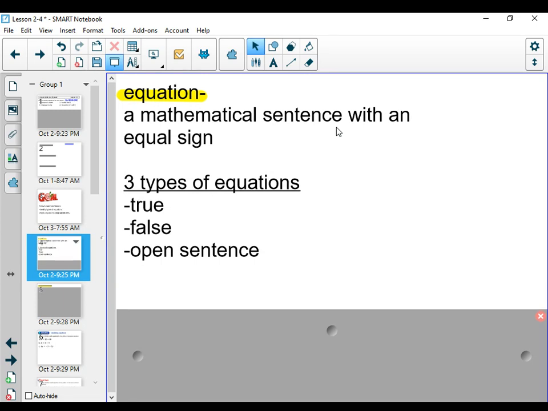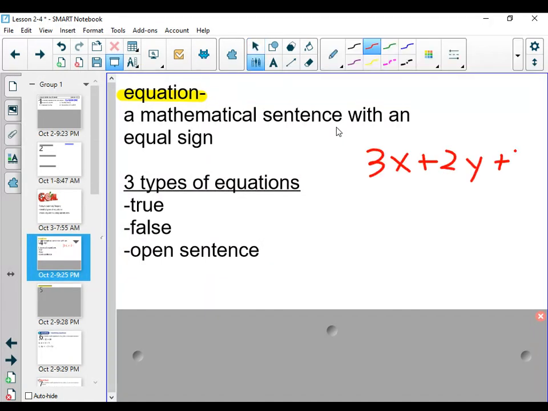First of all, this is going to look a little bit different because before we had expressions. That's an algebraic expression. We weren't necessarily worried about finding an answer.